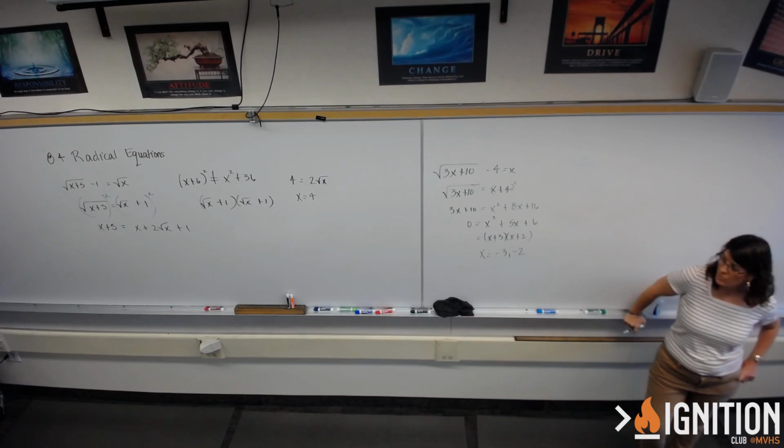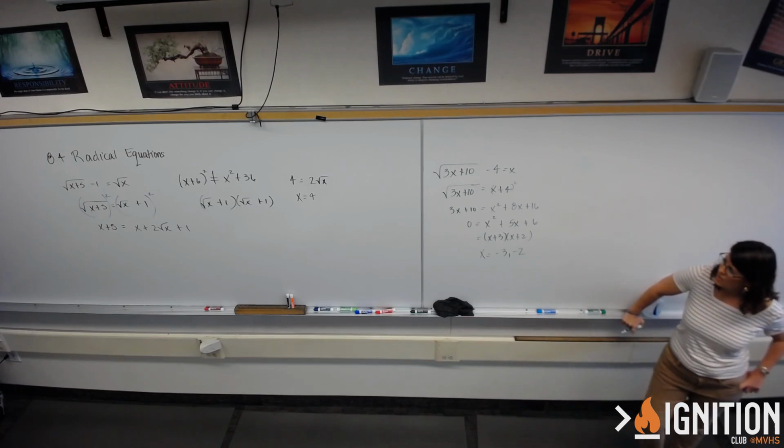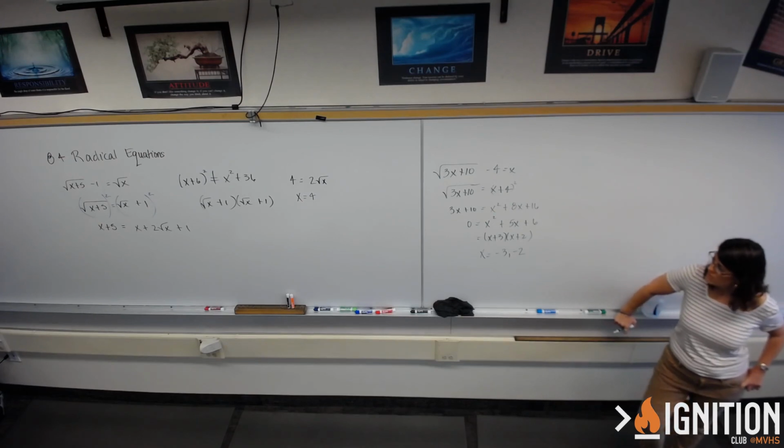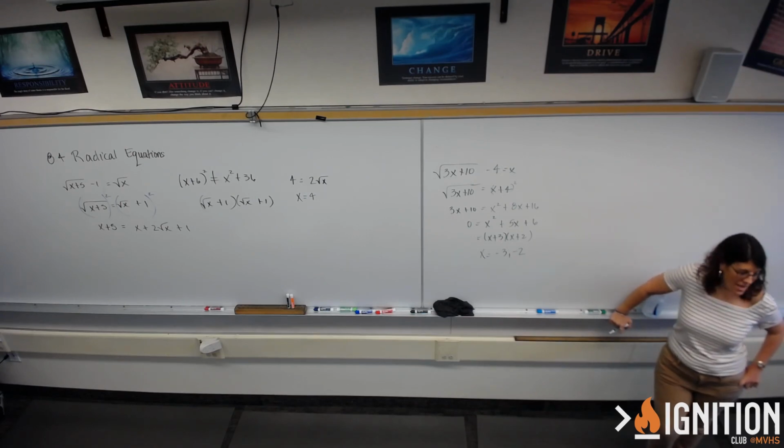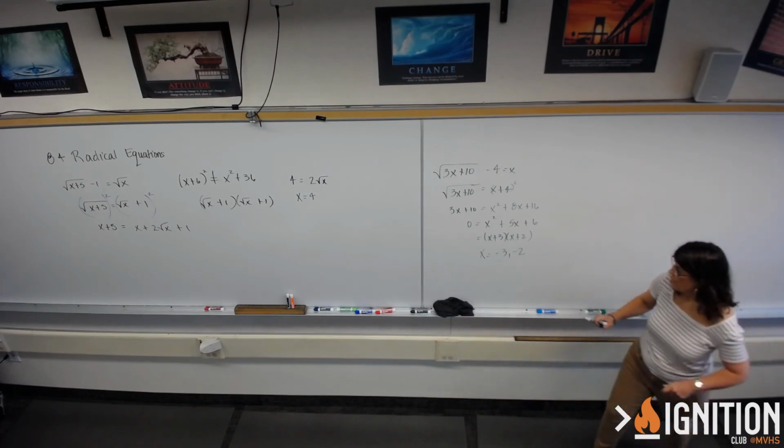I don't think negative 3 works. It does. 3 times negative 3 is negative 9. Plus 10 is 1. 1 minus 4 is negative 3. Yes, it works. Negative 2: negative 6 plus 10 is 4. Square root of 4 is 2. Minus 4, yeah, we're good. Yes, they both work.